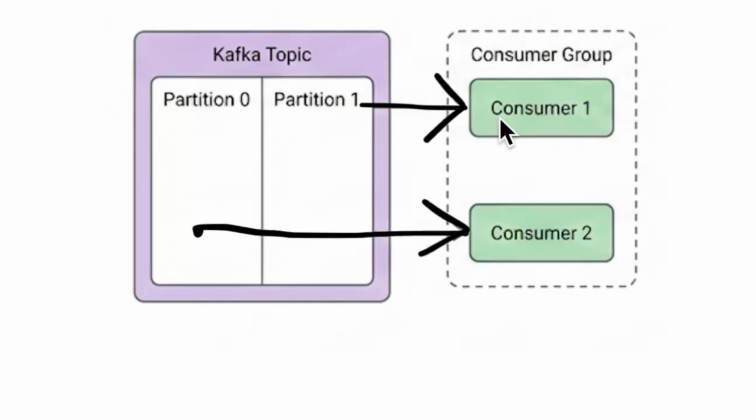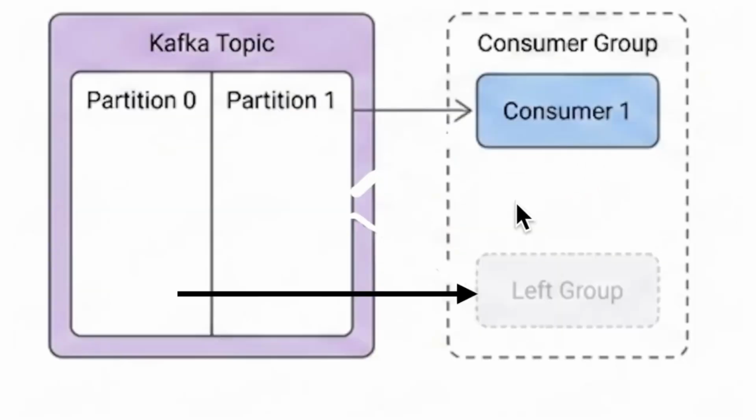So now imagine you have 2 consumers and 2 partitions. So each of them is reading from a different partition. After some time, this consumer 2 leaves the group. What does it mean? It crashes or it dies. Okay.